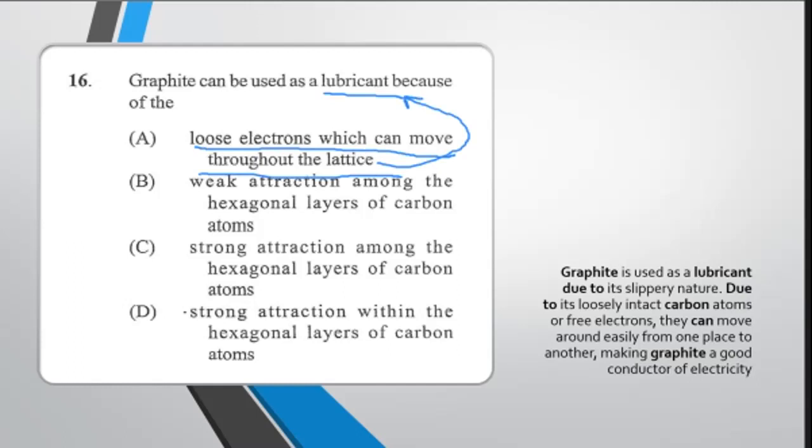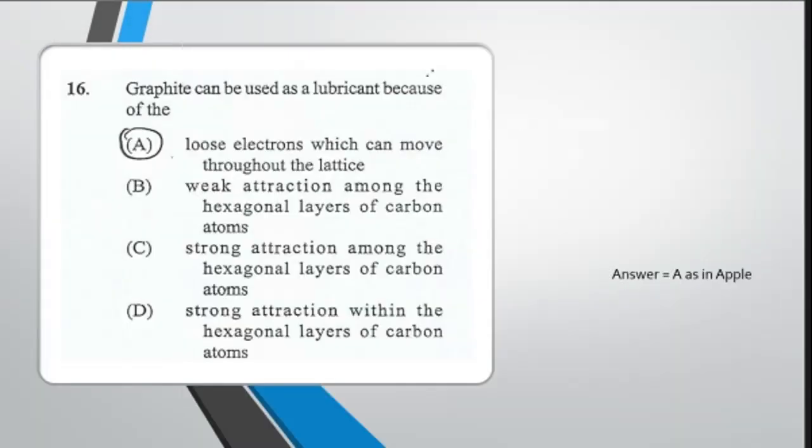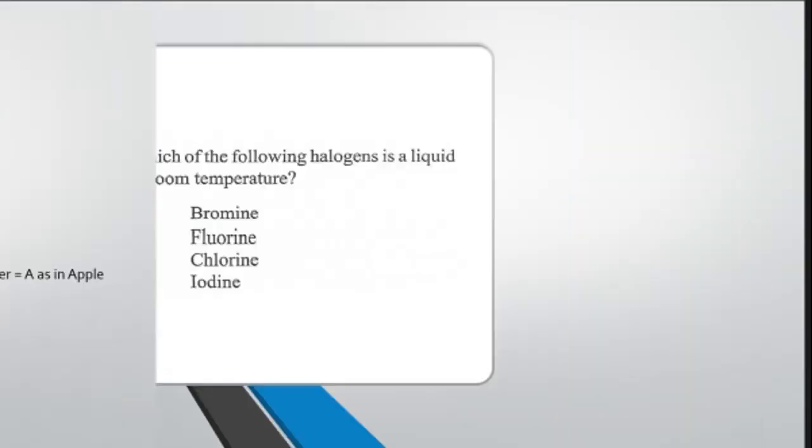It has a slippery nature, and the mobile electrons present in the structure allow it to move freely. So our answer to this question is A as in apple, loose electrons which can move throughout the lattice.